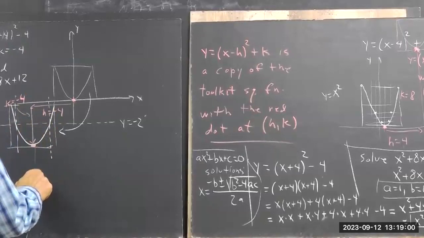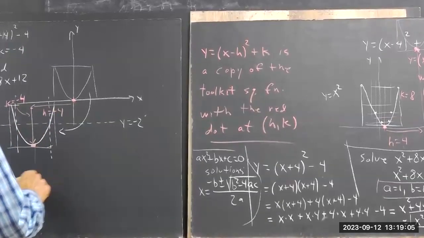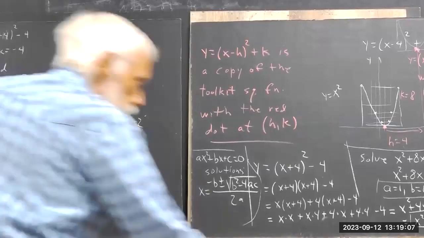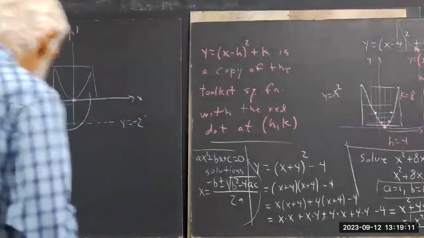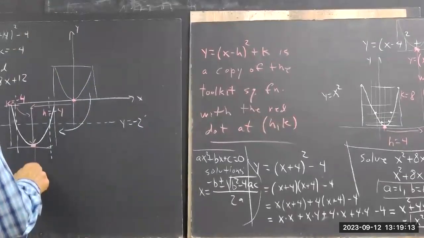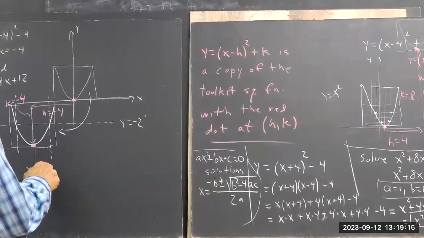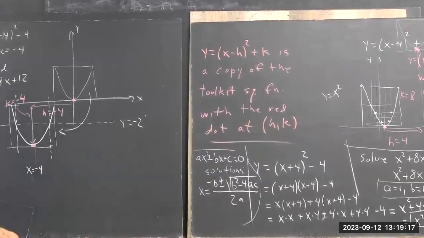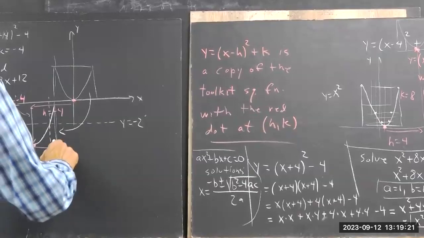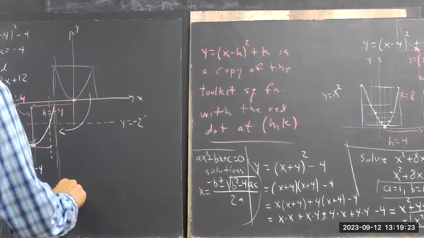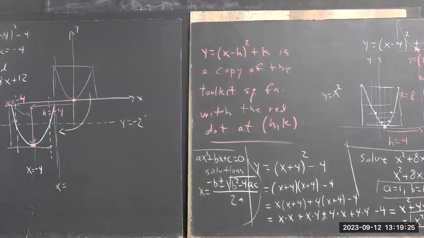This would be x. X equals -4, right? What's this line? X equals what? Show me with your fingers. -2. Okay.